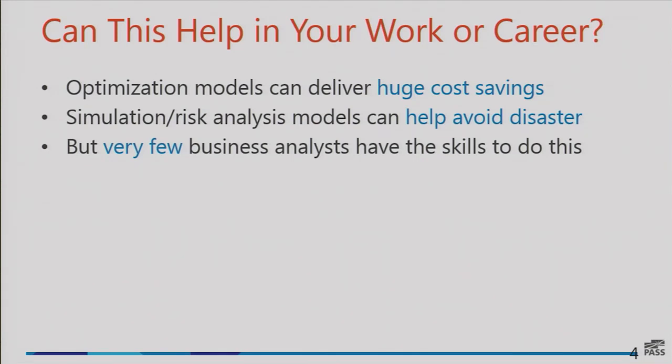It just really happens frequently, and the bigger the company where you're doing this, typically the bigger the impact. Optimization models can deliver very significant cost savings, and simulation models can basically keep you out of trouble. So if you're a big enough bank, this really matters. Ever since 2008, 2009, it's definitely got a lot of attention, and we're still in that kind of world right now.